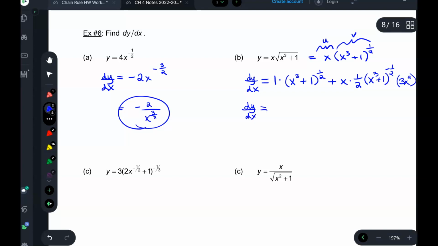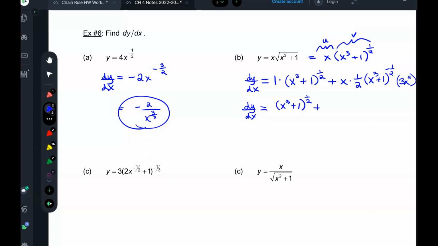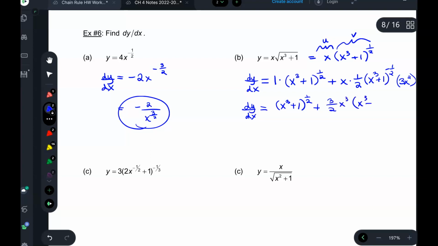Now, this is not considered simplified form. This is also going to be one where we factor out something. Let me just rewrite it real fast. (x cubed plus 1) to the 1/2, and then plus 3/2 x cubed times (x cubed plus 1) to the negative 1/2.